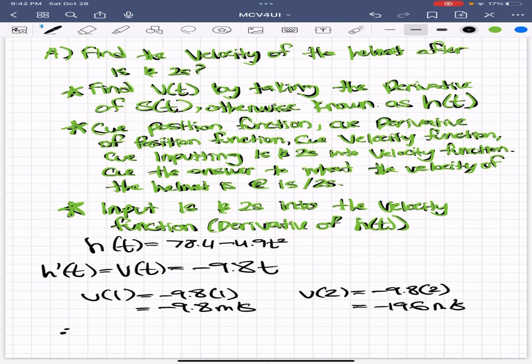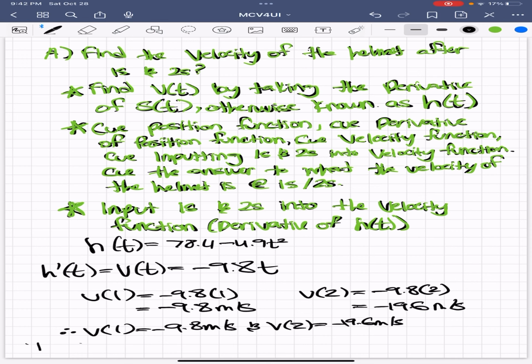And then we do a therefore statement. v of 1 equals negative 9.8 meters per second, and v of 2 equals negative 19.6 meters per second.